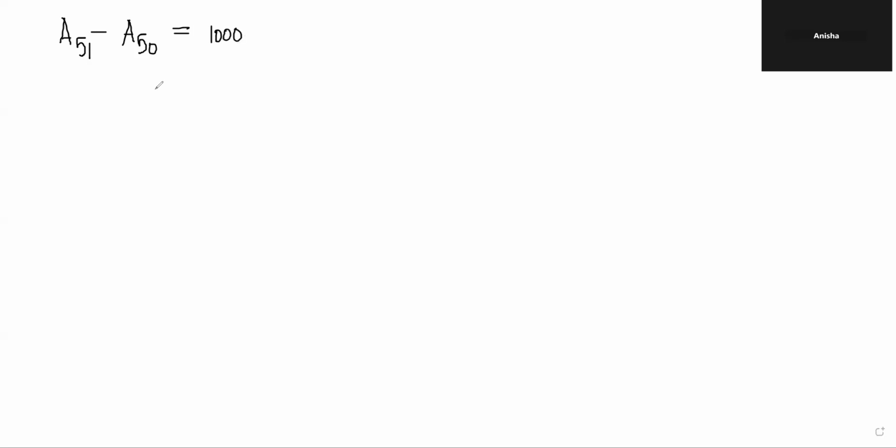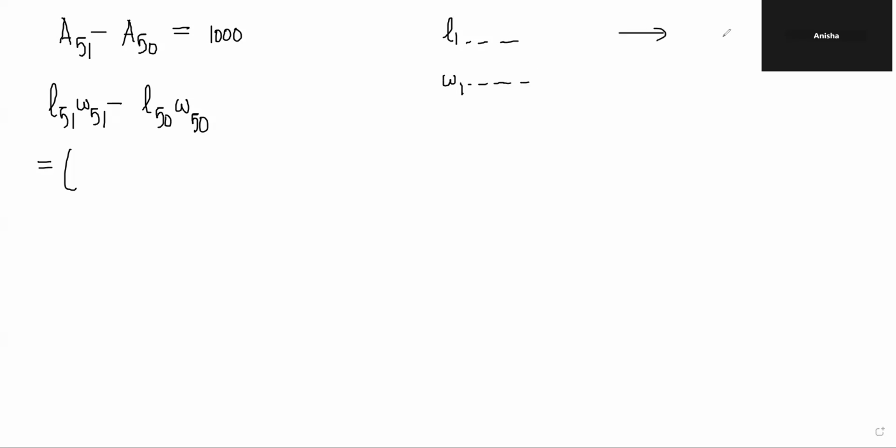A51 will be L51 W51 minus L50 W50, and that can be written as follows. We can give first term and common difference for these L sequences and the W sequences.